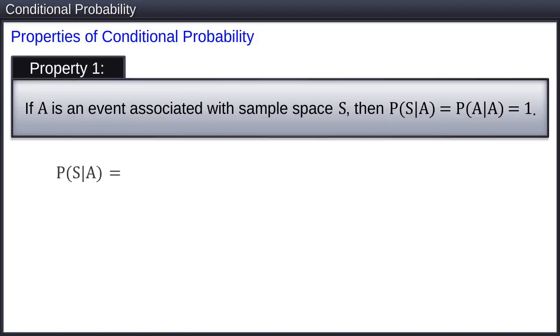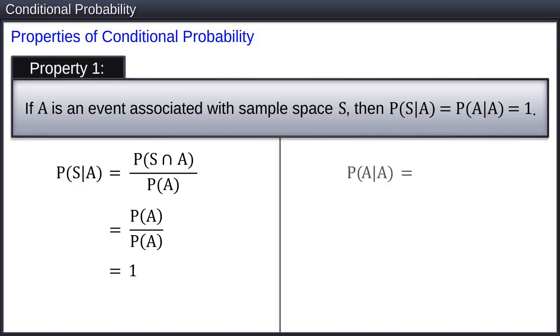We know that the probability of S given A is equal to the probability of S intersection A divided by the probability of A. Since A is a subset of S, S intersection A is A. Thus, the probability of S intersection A is equal to the probability of A. Therefore, the probability of S given A is equal to 1.